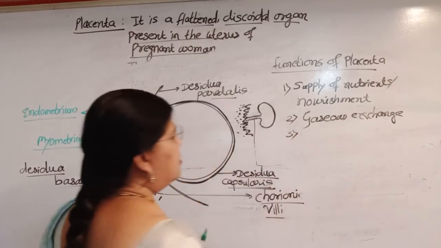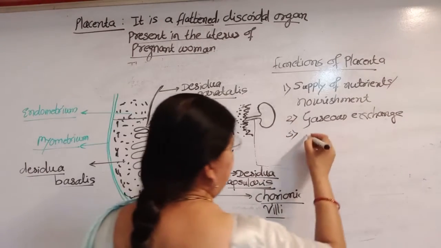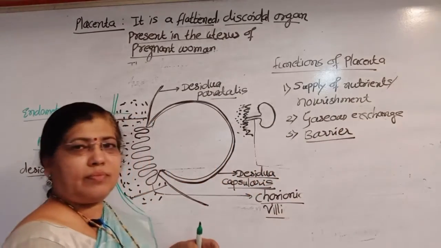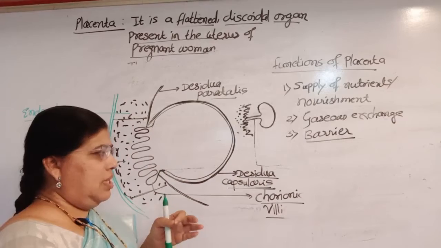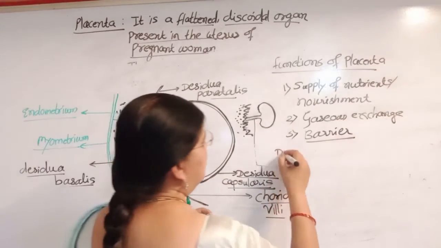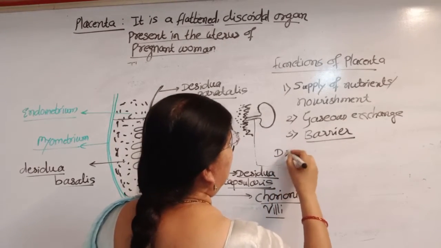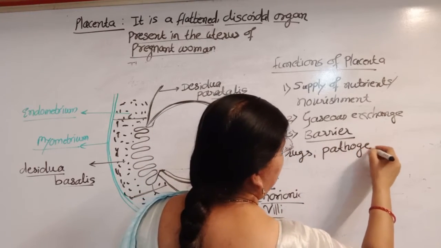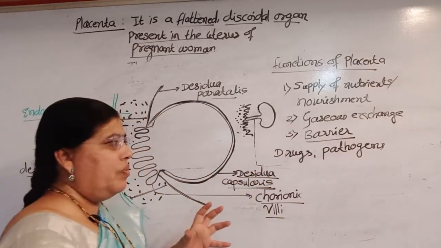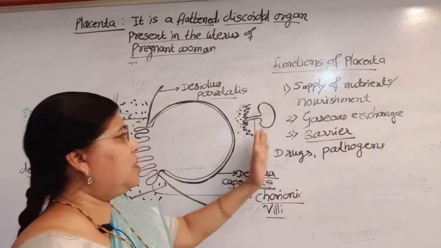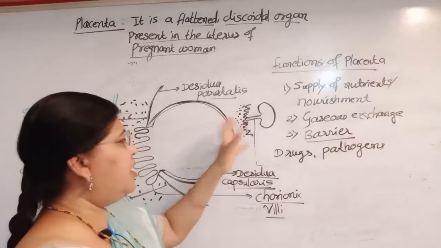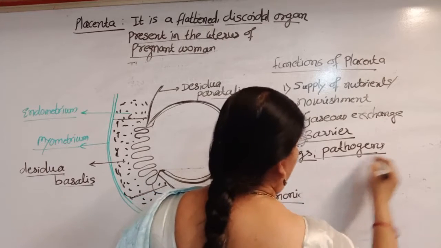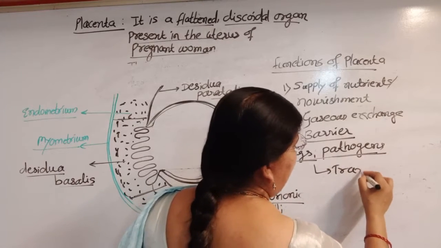Third point, placenta acts as a barrier. But there are some materials, some drugs, some pathogens which cross the placenta and enter into the fetus, and those drugs and pathogens are called transplacental.